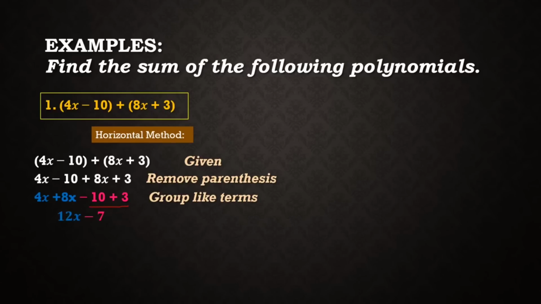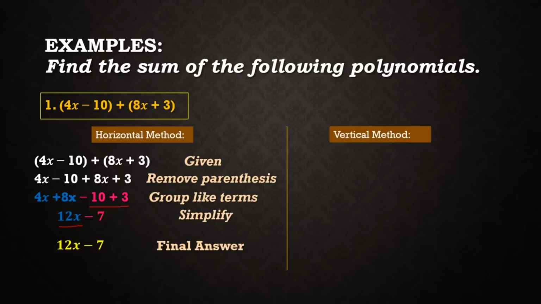After that, we apply the operation. 4x plus 8x is equal to 12x and negative 10 plus 3 is equal to negative 7. Since we cannot combine 12x and negative 7, that means that 12x minus 7 is our final answer.